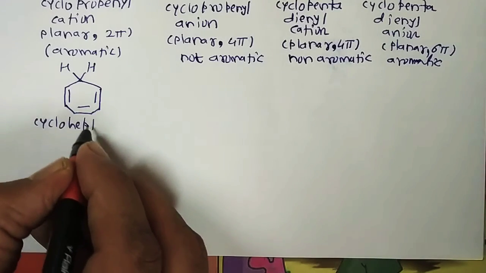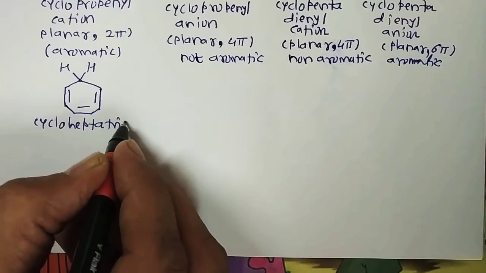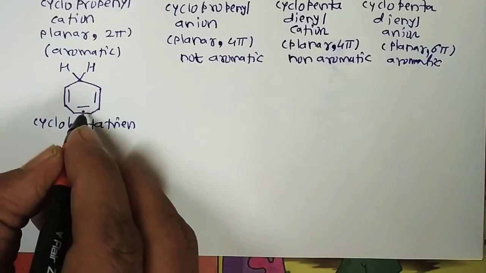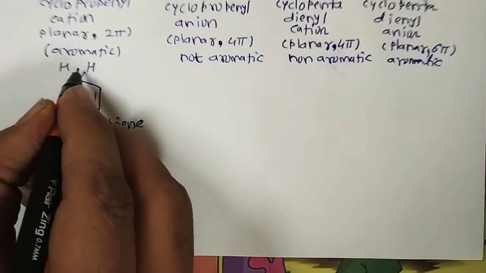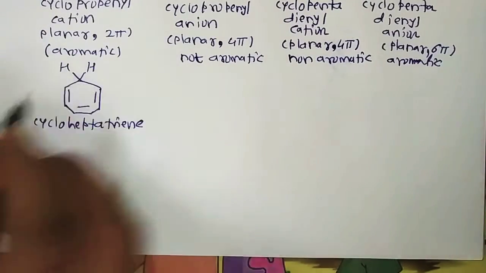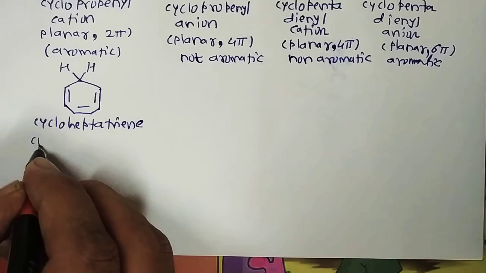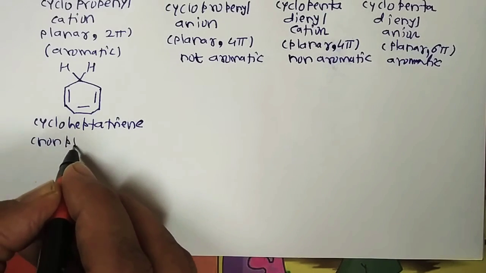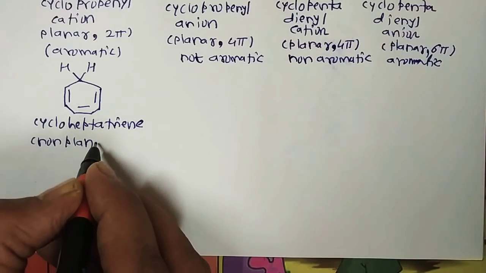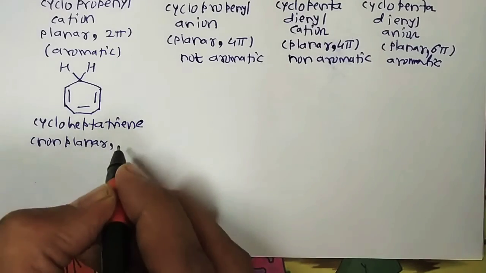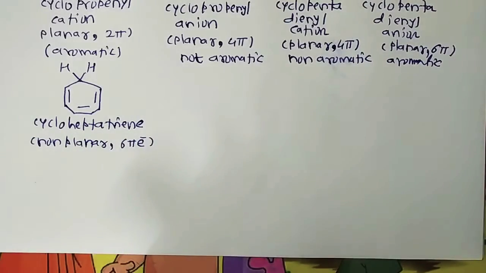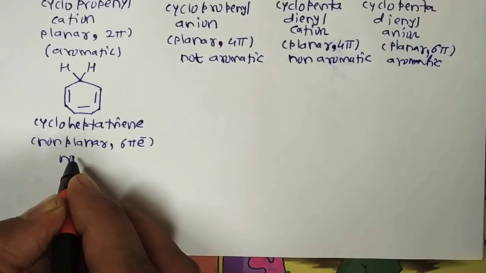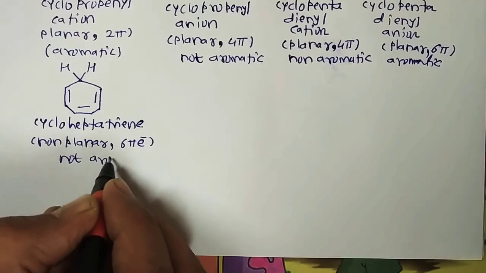So cyclo, hepta, triene, 3 double bonds. But in this compound, because the hybridization is different, this compound is non-planar. It does not fulfill the first condition. 6 pi electrons, but not spread over the entire ring, so it's not aromatic.